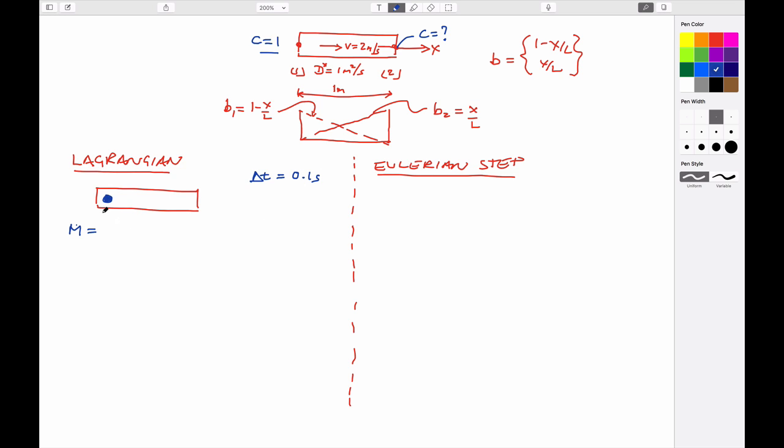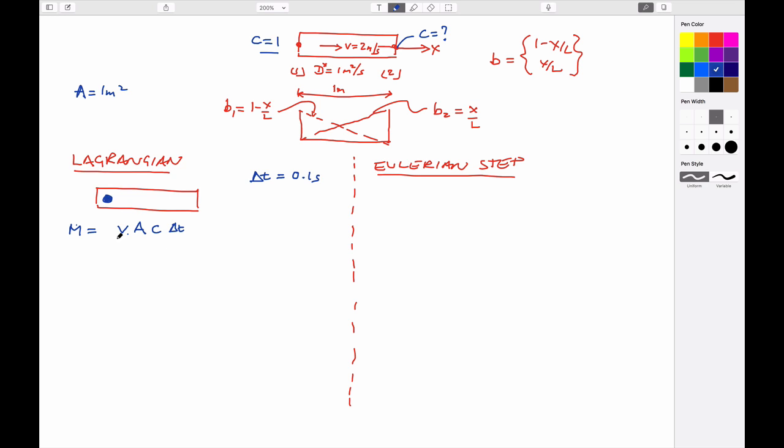And so if we want to get the mass that flows into here in that time, it's going to be the advective velocity times the cross-sectional area of the element going in. So let's make A equal to 1 meter squared. The concentration and the time step.